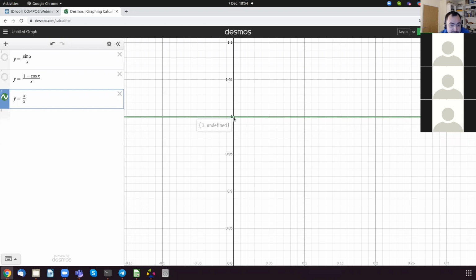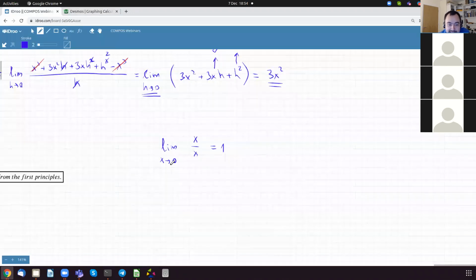But the limit is still 1 because no matter how close we get to 0, y is still going to be 1, except at the actual point 0, where it's undefined. So we say the limit of x over x as x tends to 0 is 1.